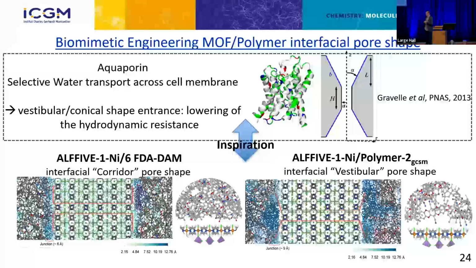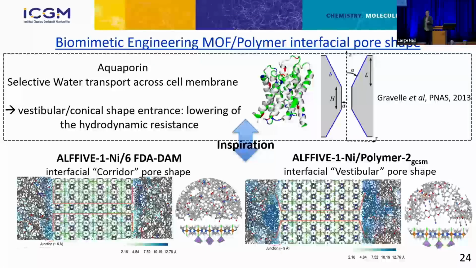For instance, if you look at the aquaporin, which is a protein channel very highly selective for water over ions in a cell membrane, this aquaporin shows a conical shape, where you start with a very small inner pore, and then you have a large pore in contact with bulk water.